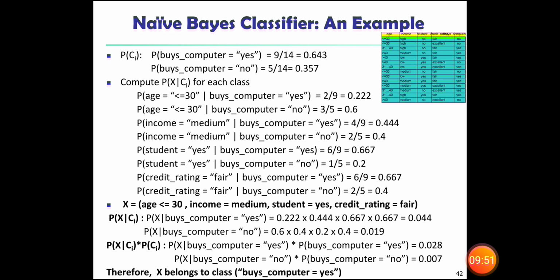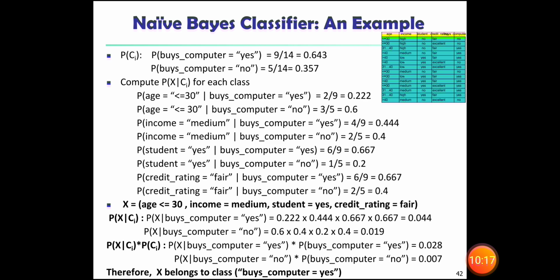Now we will see P of X given Ci, equal to P of X given buys computer yes. We already calculated all the values, and the final value will be 0.044.